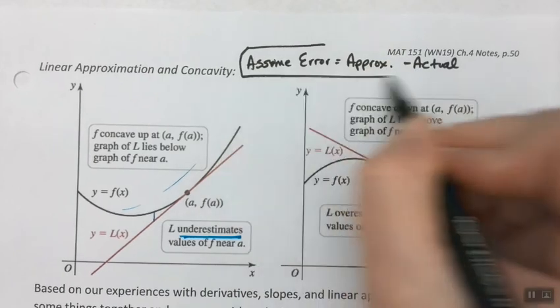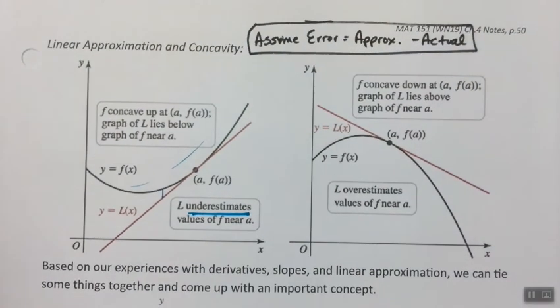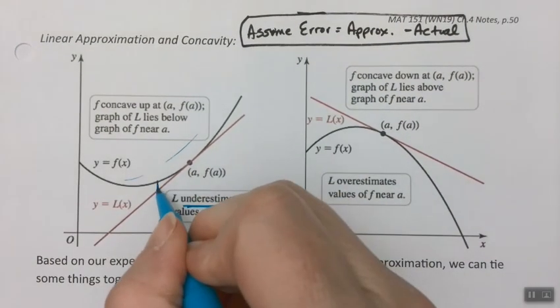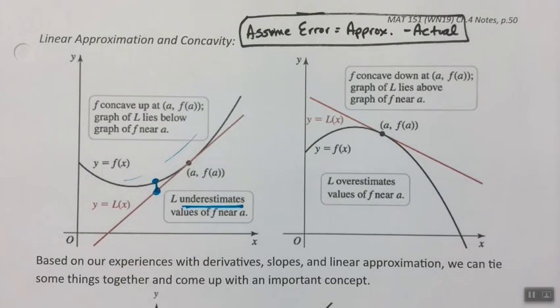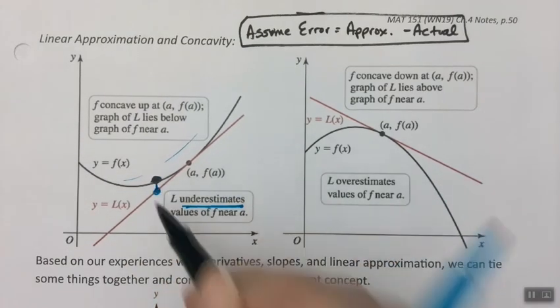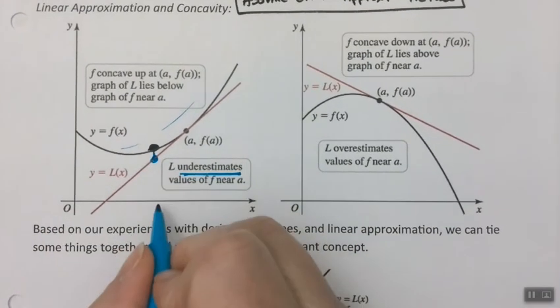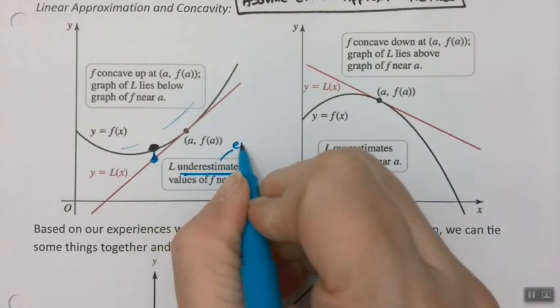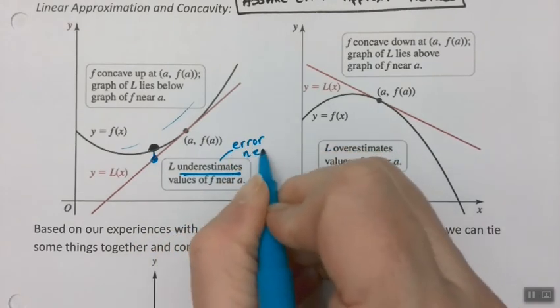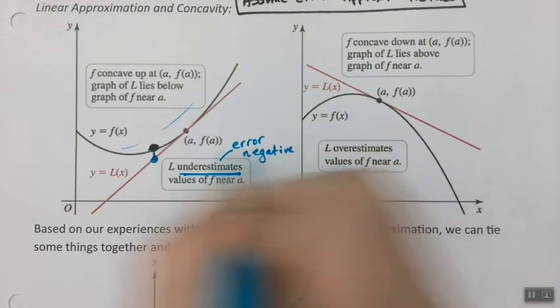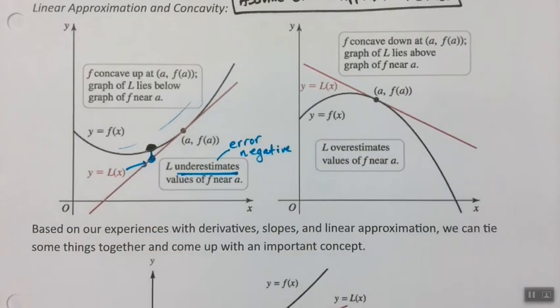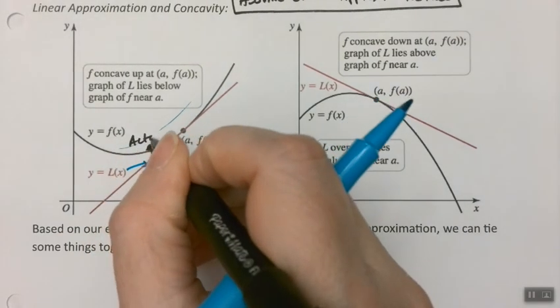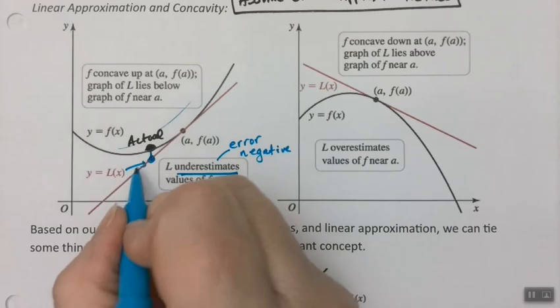So let's just do that. And if we do that, then for our underestimate, L of x will be here, the real value will be right here. We will underestimate that, which means our error would be negative. Because here's your approximation and here's your actual right there, and then here's the approximate down below.